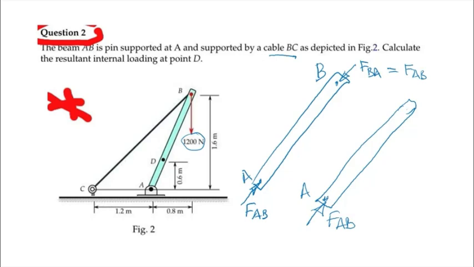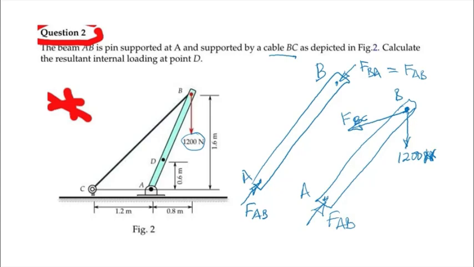Now at point B, we apply the pin, that's the pin there at point B. And we have the external load which is applied through the pin. So that's 1200 kilonewtons. Sorry, newtons. And we have, remember the cable? There is a cable CB. So there is FBC.